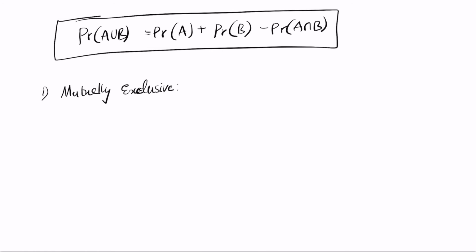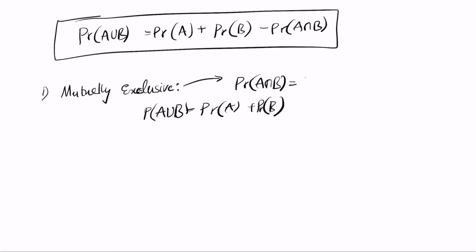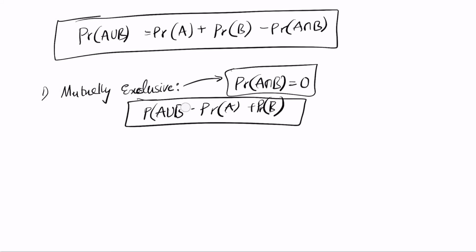For mutually exclusive events, the probability of A union B becomes the probability of A plus the probability of B. The reason is that in a mutually exclusive event, the probability of A intersection B is 0. So that's why in mutually exclusive events, A union B can be written as A plus B.